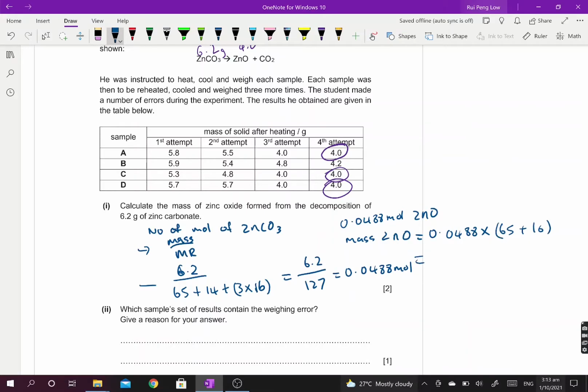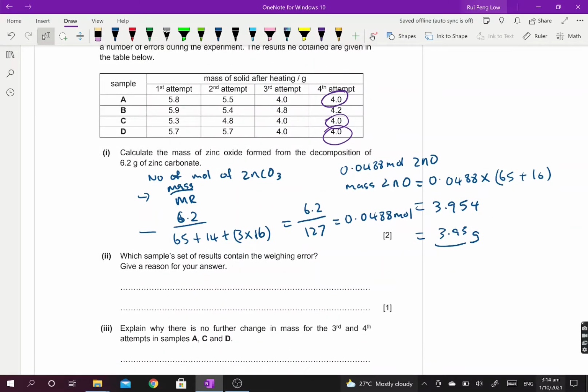Okay, times... 3.954. So it's equals to, did I make a mistake? Okay, 3.95 grams. Okay.